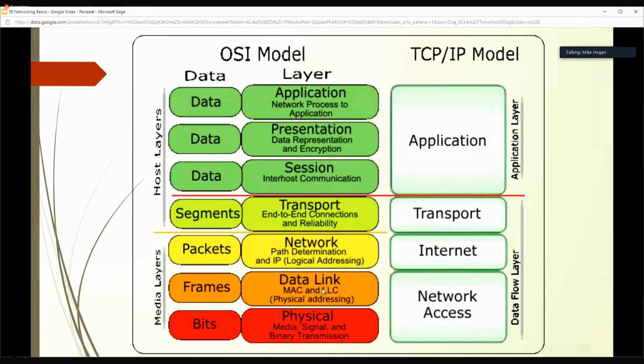The data link information is read by layer 2 at the receiver. The network layer is connected to the network layer of the receiver. It just goes down and then back up through that process. I just want you to get a visual as we go through each of these seven layers and talk a little about each.